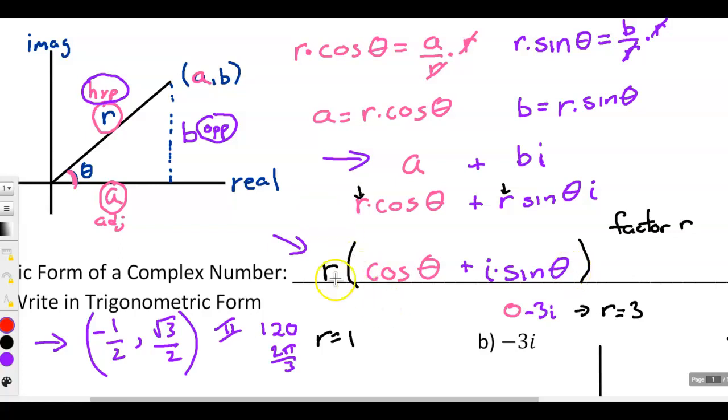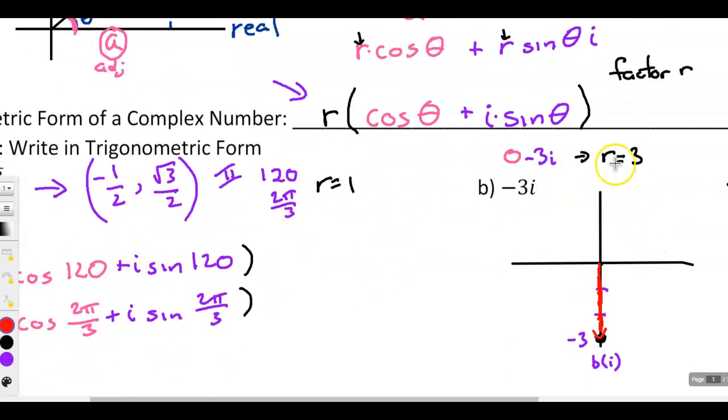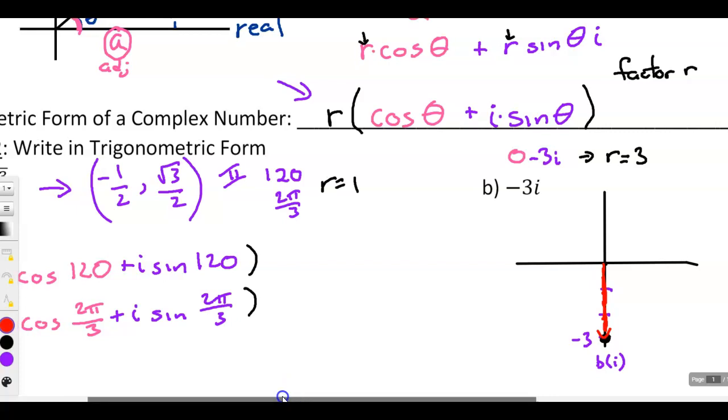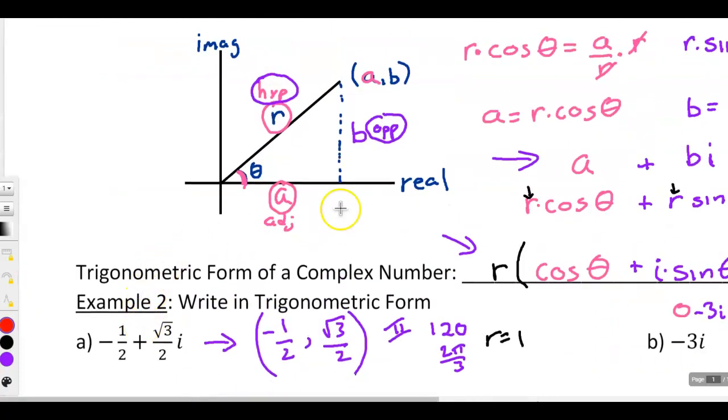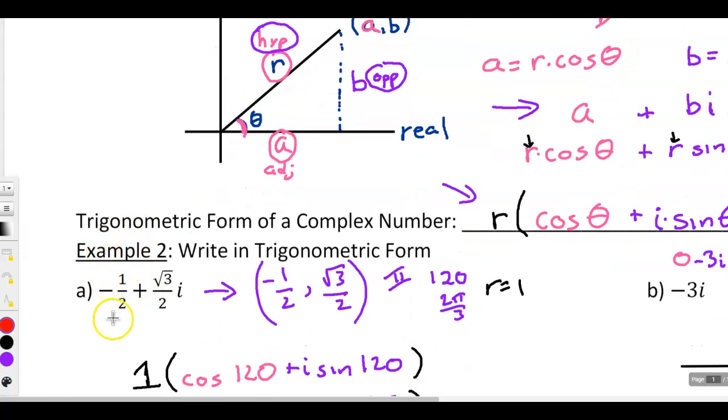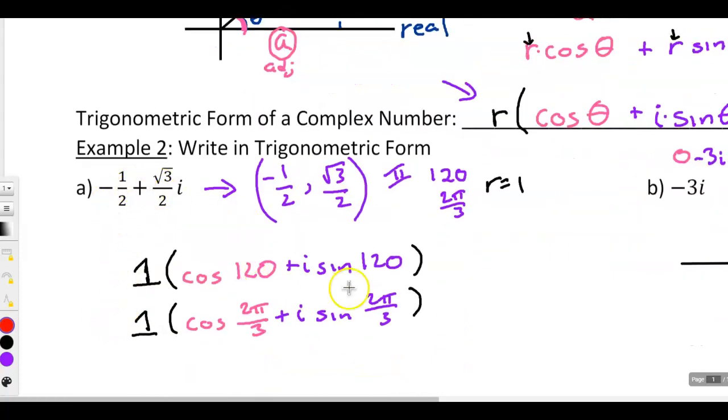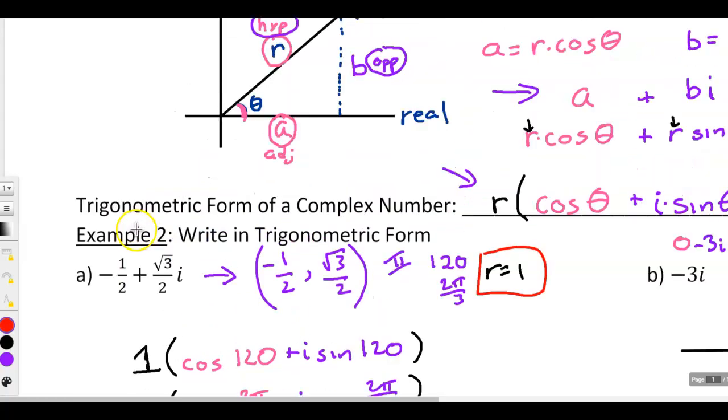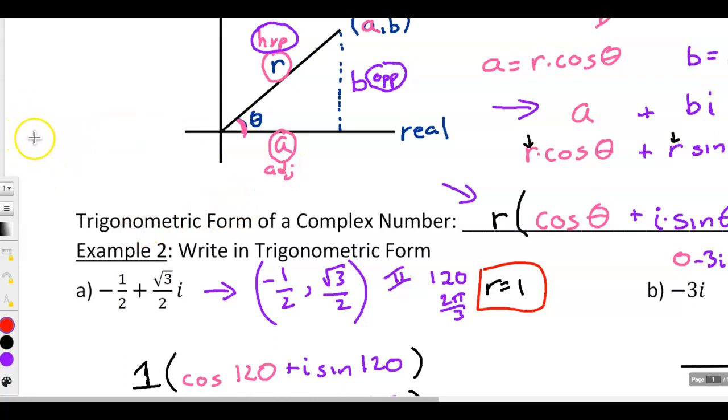By the way, if the radius seems unattainable, if you're like, I can't figure out what the radius is, you can always use Pythagorean theorem. So if you have the A, let's say like here, I didn't recognize it was the unit circle by looking at these numbers. You could always say, well, A squared plus B squared equals C squared. A and B are now real number plus imaginary number.